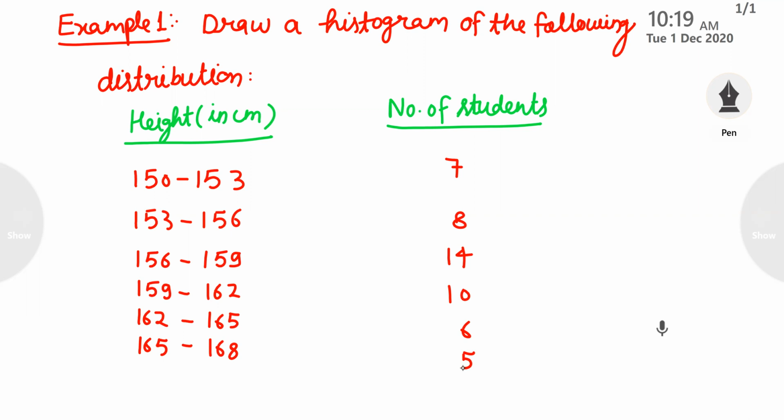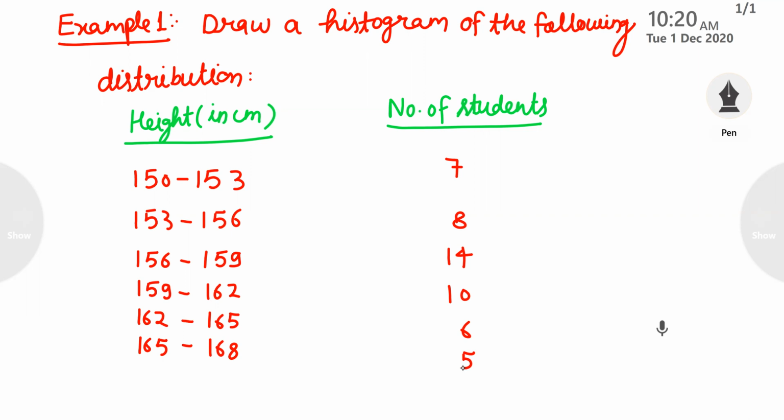Draw a histogram of the following distribution: height in centimeter, number of students. First interval 150 to 153, 7; 153 to 156, 8; 156 to 159, 14; 159 to 162, 10; 162 to 165, 6; 165 to 168, 5.